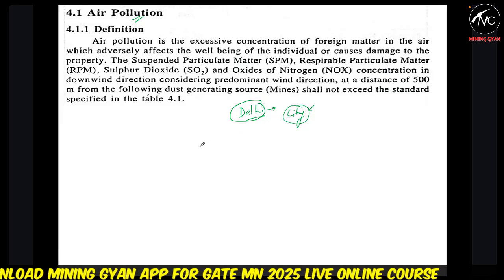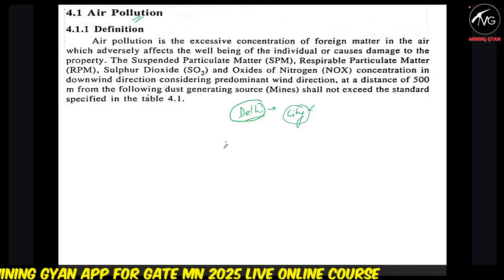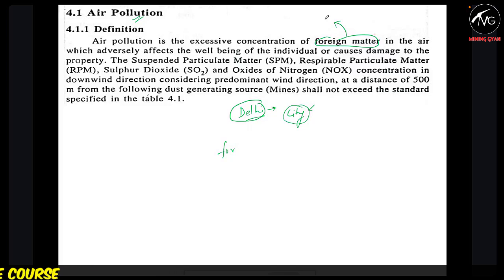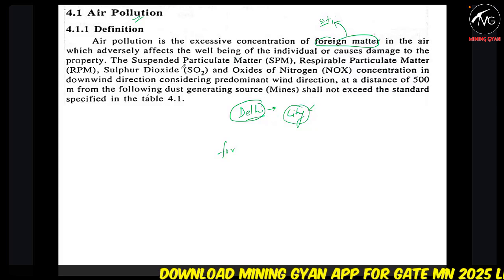So what is air pollution? If foreign matter, that means silt, water vapour, suspended particles, nitrogen, sulphur, any type of foreign matter is present in the air, then we know it as air pollution.